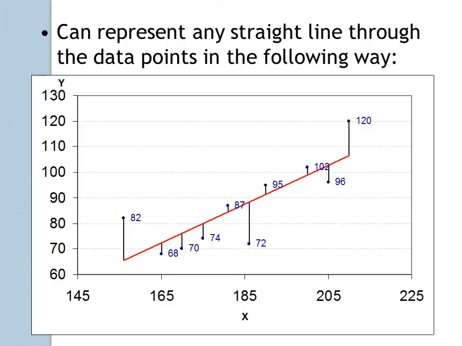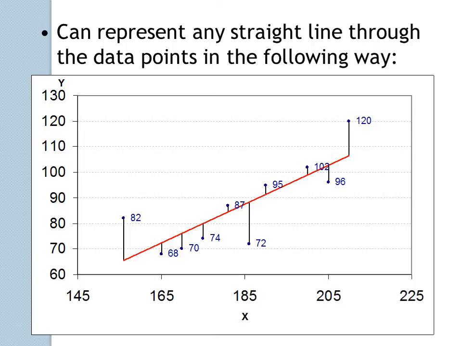Now, that distance is sort of the same as the distance between each raw score and the mean when we're calculating the variance and the standard deviation. So the further away that the point is from the line, the worse the relationship is between the variables. But the closer it is to the line, the better the line is fitting the data points.